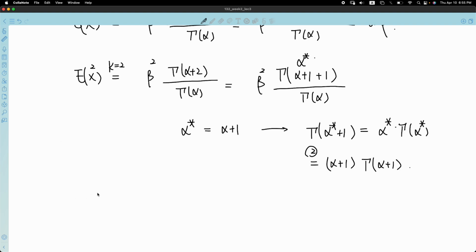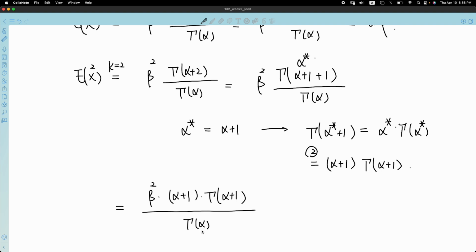Okay, so the second moment here is equal to beta raised to the power of 2 times gamma of alpha plus 2, which is alpha plus 1 multiplied by gamma function of alpha plus 1, divided by gamma function of alpha. Any question for this part? Sorry, what does alpha star mean?